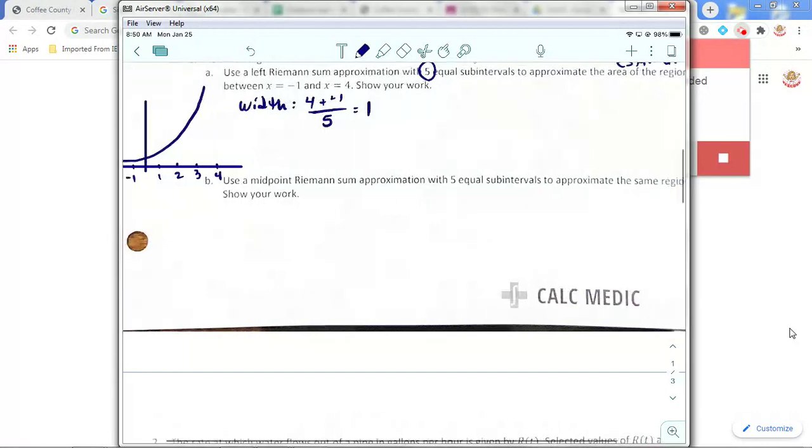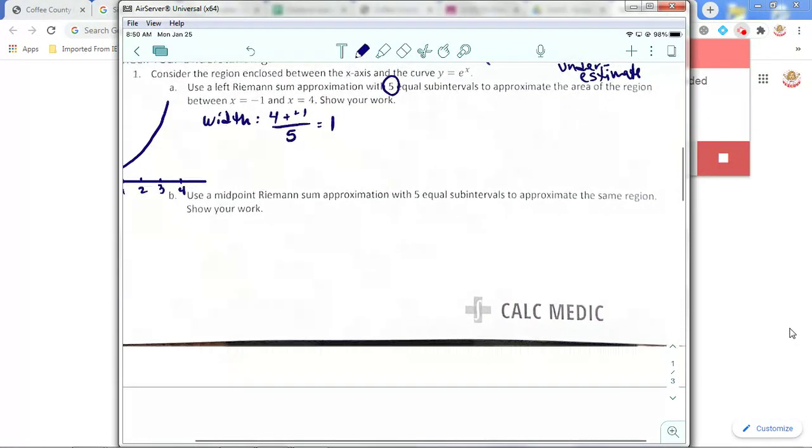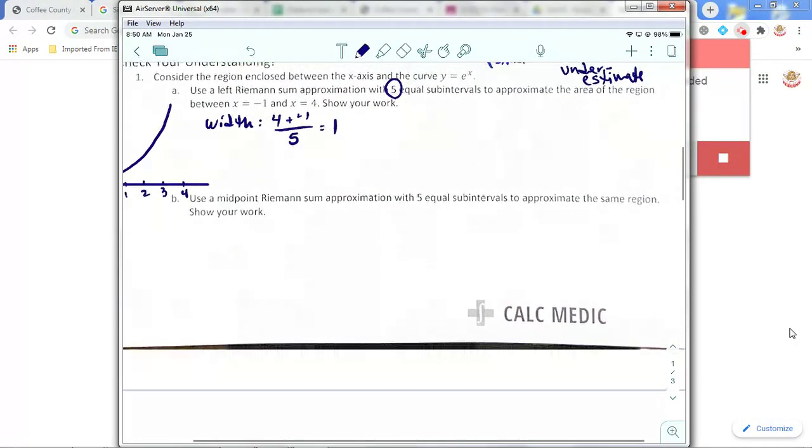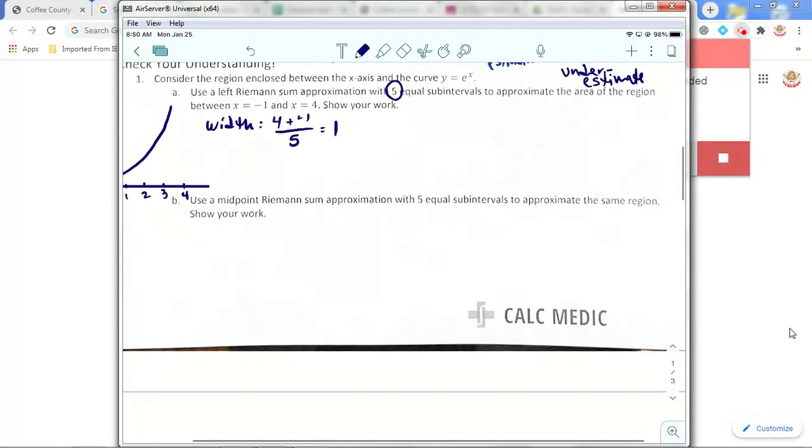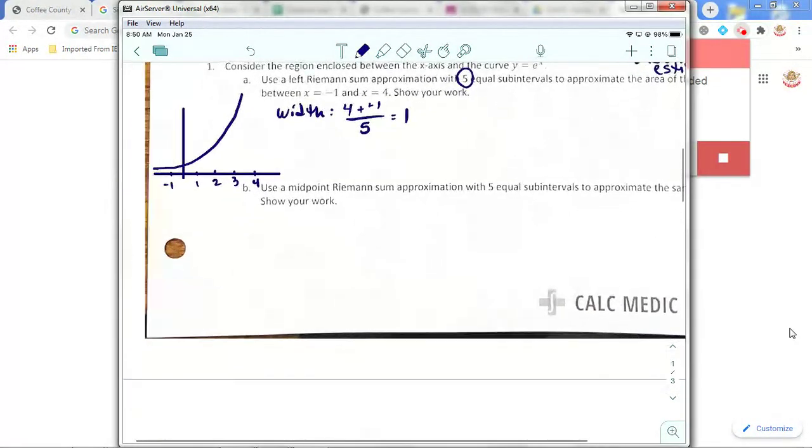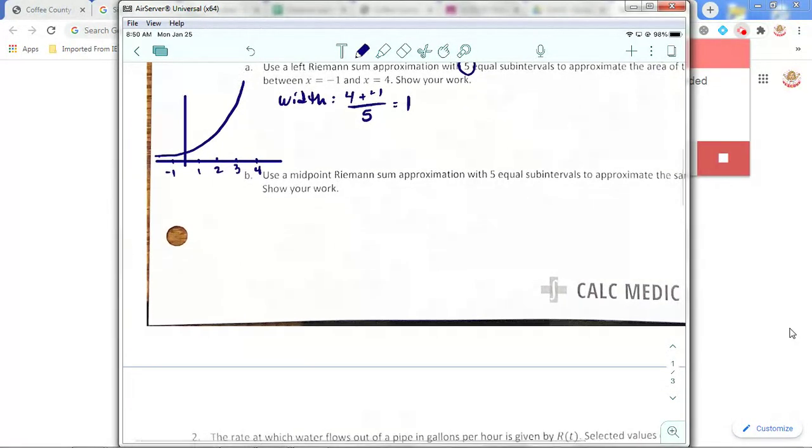All right, we are going to do... it doesn't say. Oh, yes, it does. It says use a left Riemann sum. So the left point of our rectangle is going to sit on the curve. So I'm going to start at -1, and the left point is going to be on the curve.